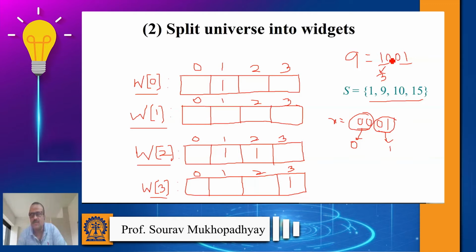So this is W3, we go to W3. Sorry, this is not 9, right? The first 2 bits are 2, it's not 3.